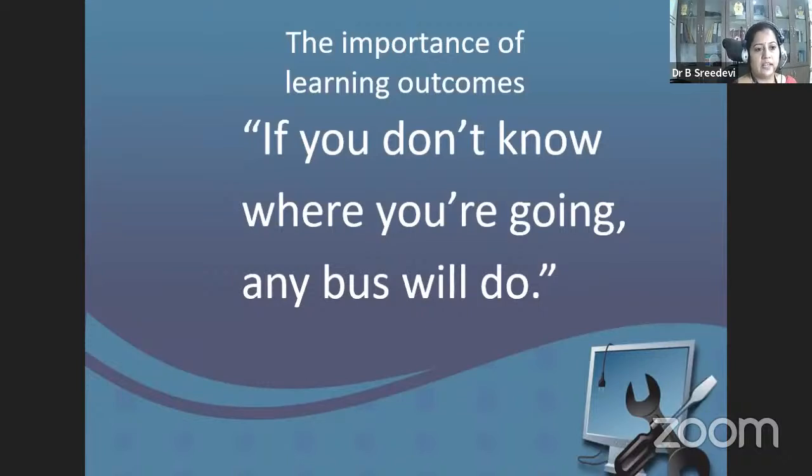Outcome-based learning helps us reach the correct destination we are aiming for with predefined objectives.